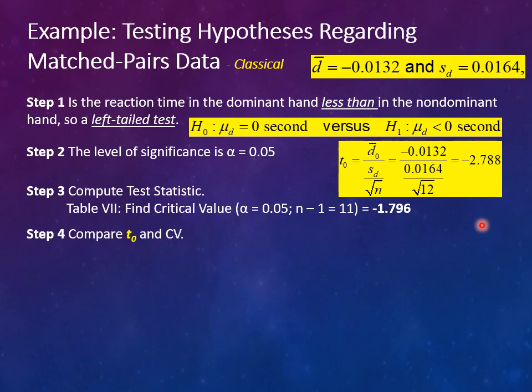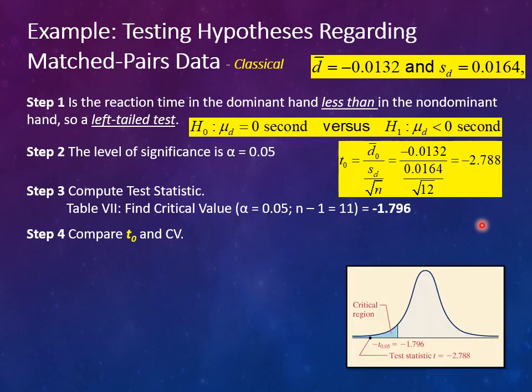Okay. Here then we compare the test statistic with our critical value, and if the test statistic is in the critical region, or in this case because it's a left-tailed test, if the test statistic is less than our critical value, we would reject the null.